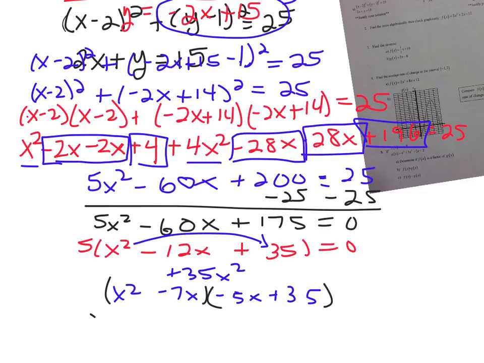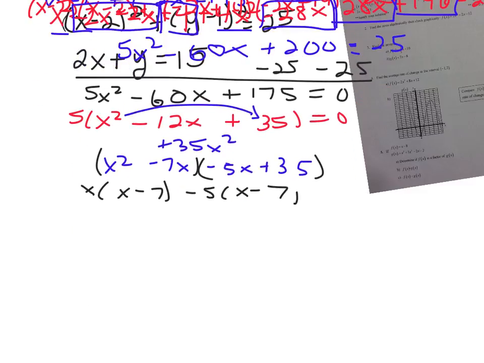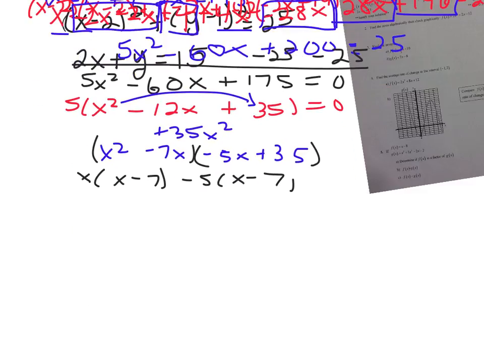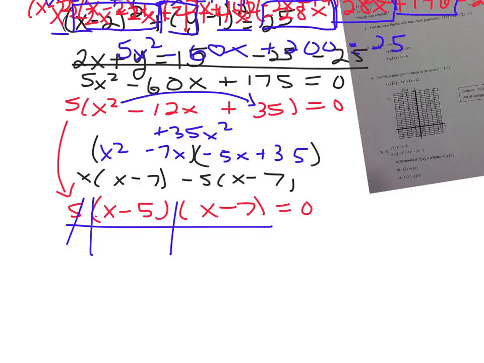The GCF of the first group is x times (x - 7). The GCF of the second group is -5 times (x - 7). Okay, so my factors are 5 from the first part times (x - 5) times (x - 7) equals 0. So I do my t-chart. Nothing happens here. x = 5 and x = positive 7.